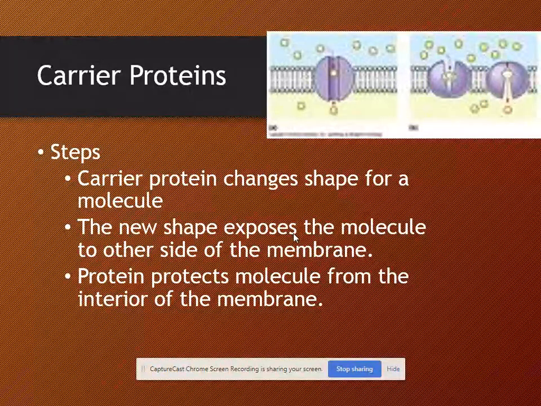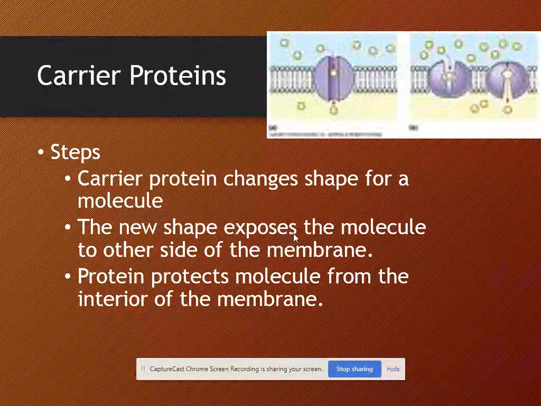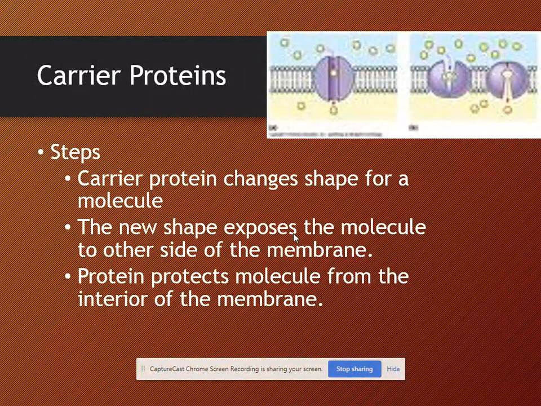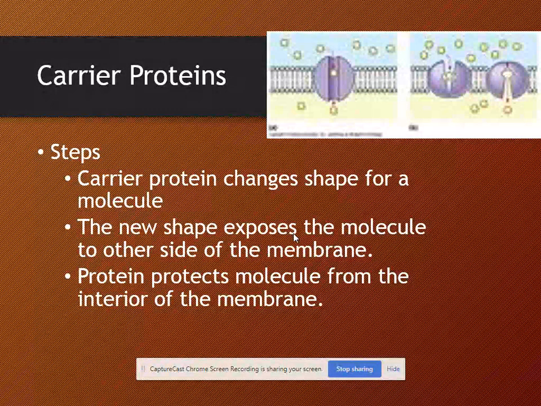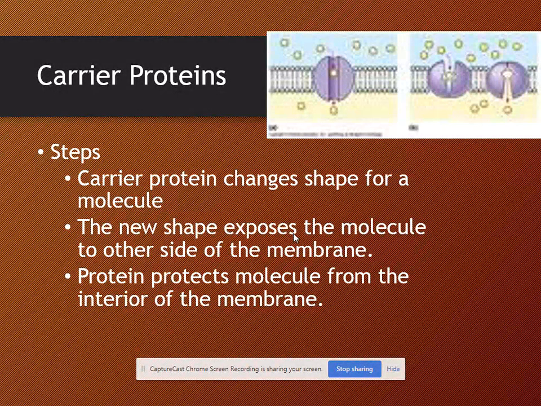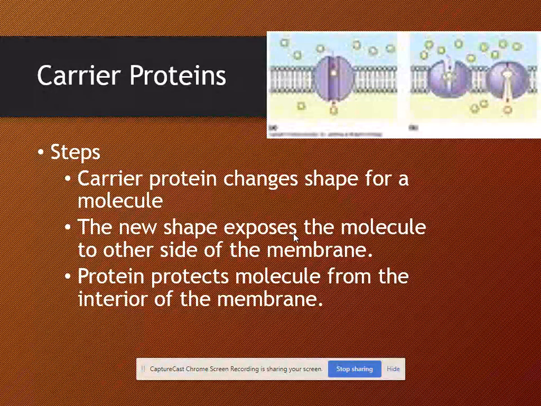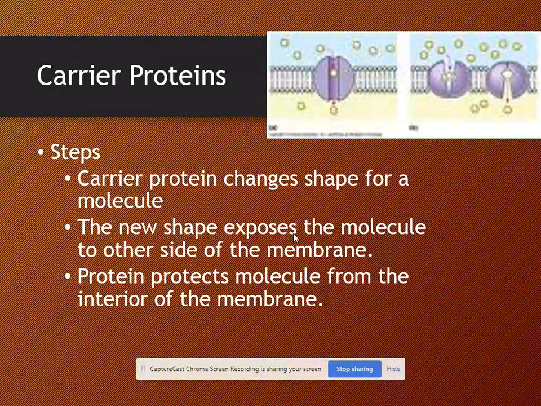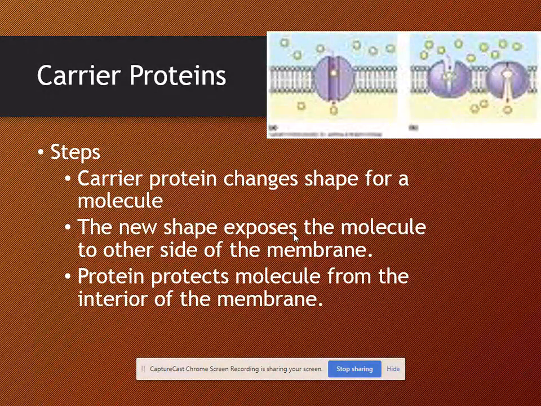And proteins protect the molecule from the interior of the cell membrane. That's why it's a little bit protected as it enters the cell. It will be in the form of a vesicle eventually and move its way, if we're talking about a sugar molecule, probably to the mitochondria, so that it can be broken down and used for ATP.